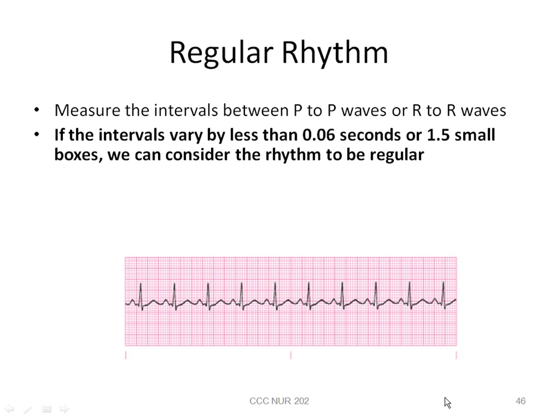The strips you should be able to recognize just visually would be ventricular tachycardia, ventricular fibrillation, asystole. You should be able to recognize those just boom. You look at that and you know what that is.